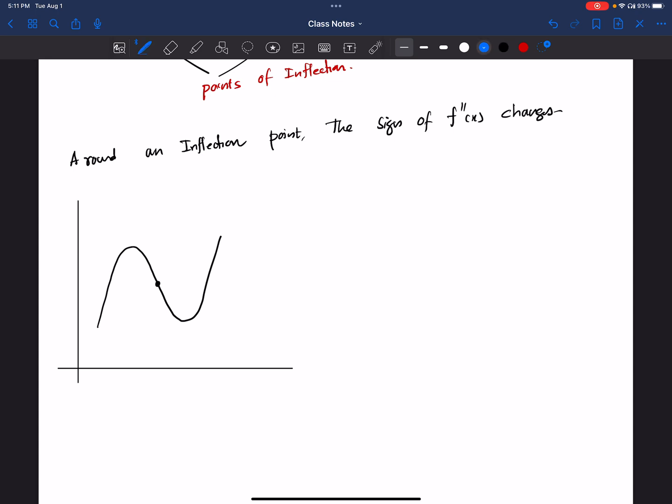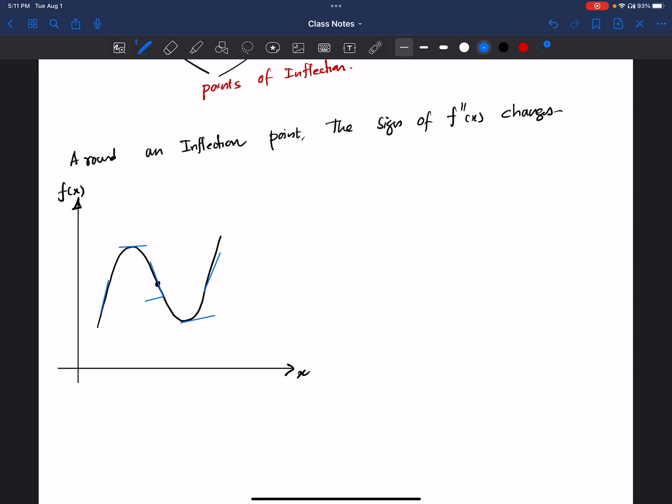So let's see what happened to the slope of the tangent to the curve. The slope of the tangent to the curve is positive here, is negative here, and is positive here, and then it's negative here, and becomes 0 here, and then becomes positive here.